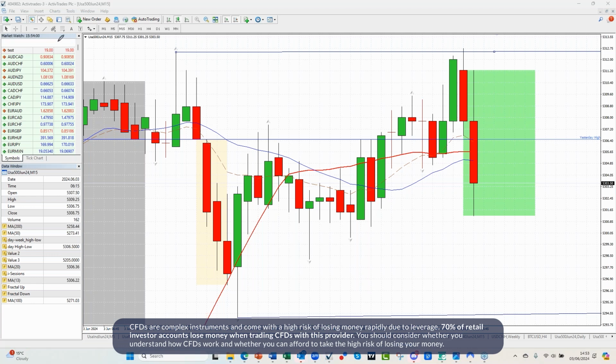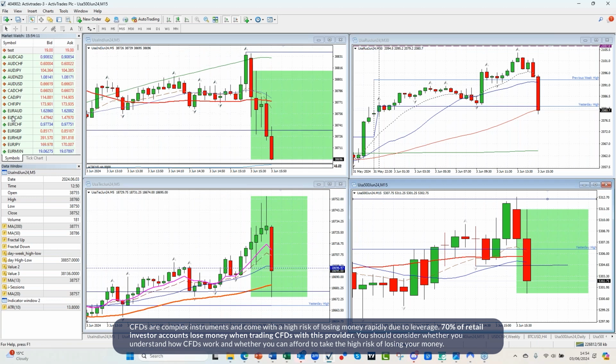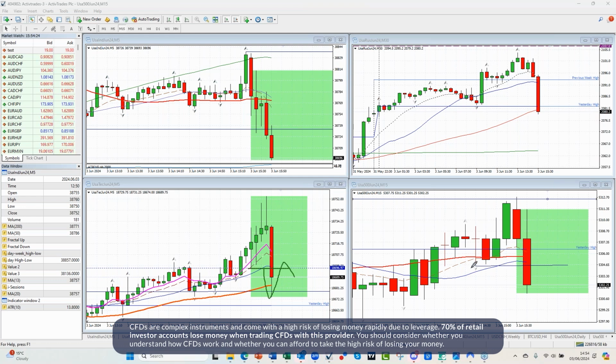Let me just clear this down. Let's put this down so we can all see it here. What I'll be looking at is here. We can see that basically it trades through those levels, comes back up off it, trades through those levels, comes back up off it.